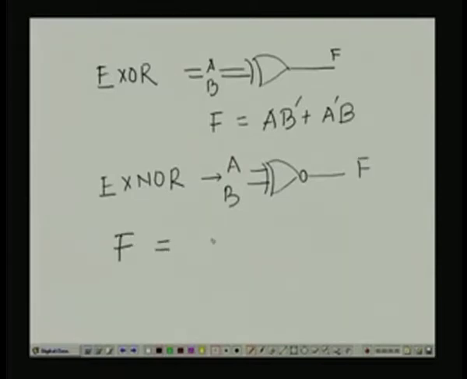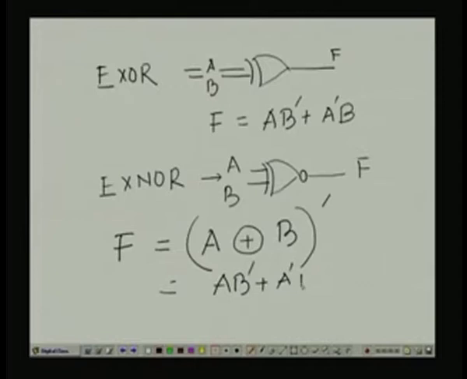So, F is A XOR B complement, and this is A B dash plus A dash B, and if we apply De Morgan's law, then it becomes A B plus A dash B dash.